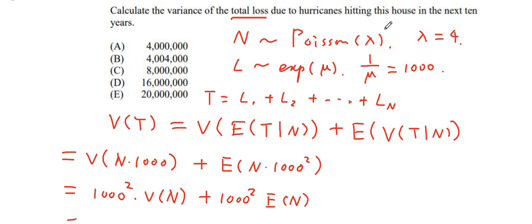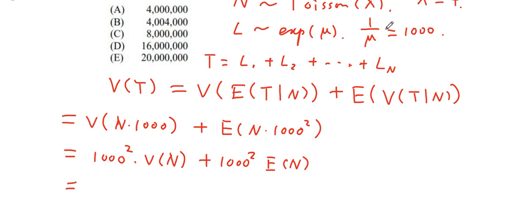For Poisson distribution, we know variance and mean are the same, equal lambda. So we can say that this is just equal 4, and this is also 4. So put them together, these are the same, yes. So this equal A times 1,000 square, right?